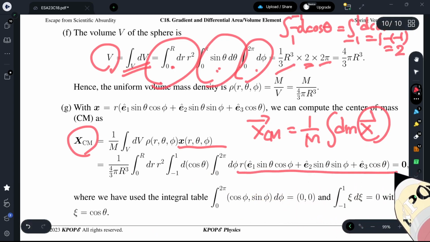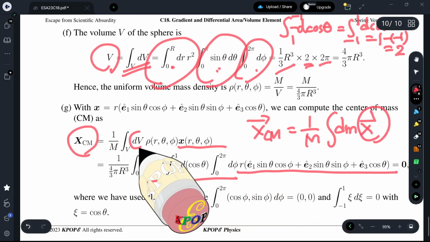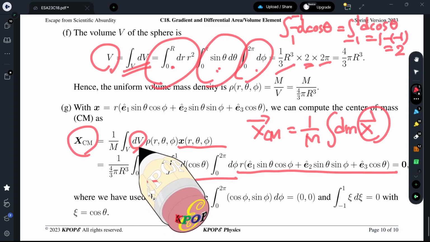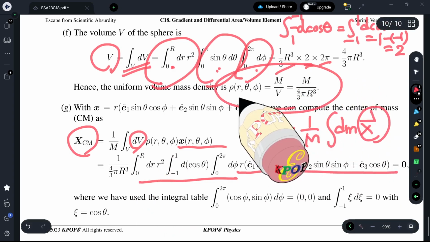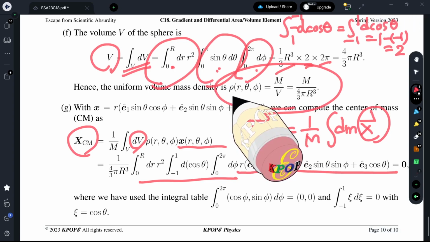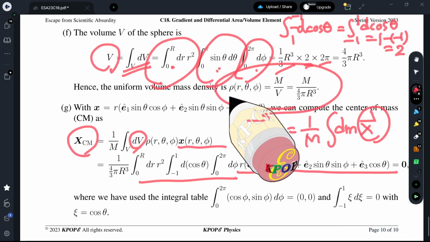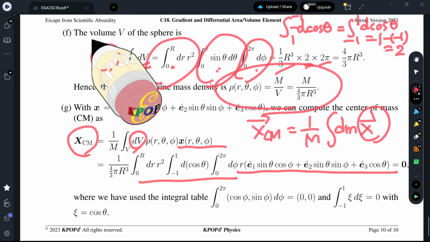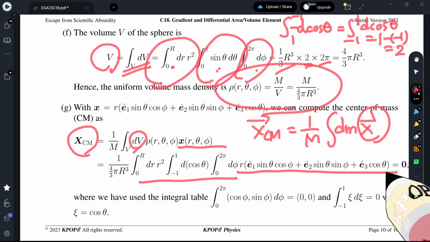Using polar coordinates and by making use of the differential volume element and applying the uniform density of the mass distribution over a sphere, we arrive at this.